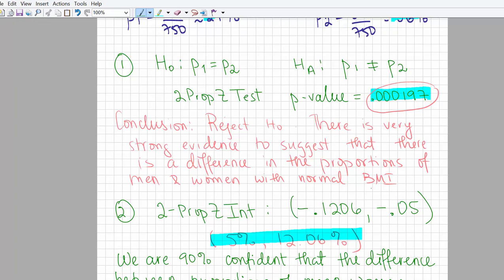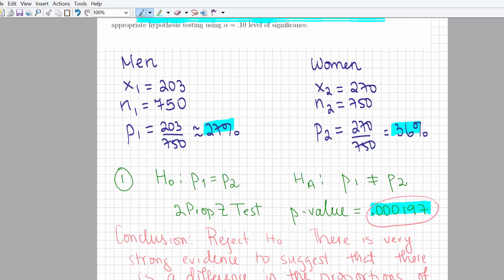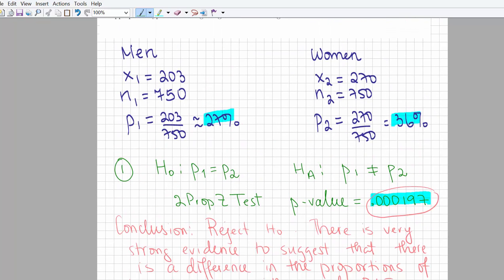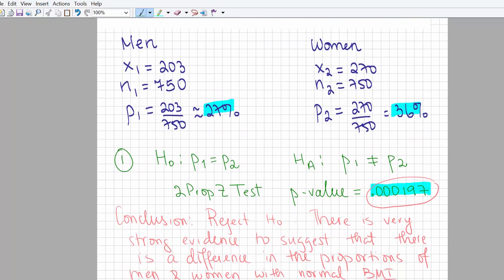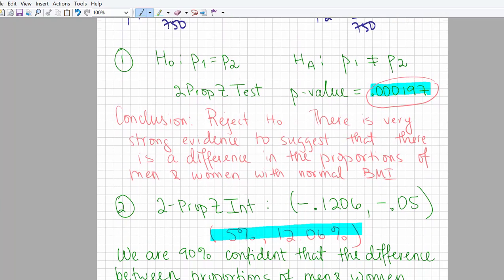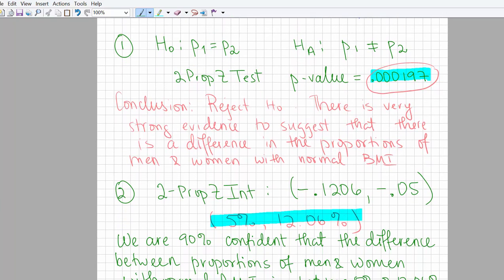Okay, it's contained between 5% and 12%. So that is your interpretation of this situation. That means, yes, it looks like women overall have healthier weight. By how much? On average between 5 and 12%.